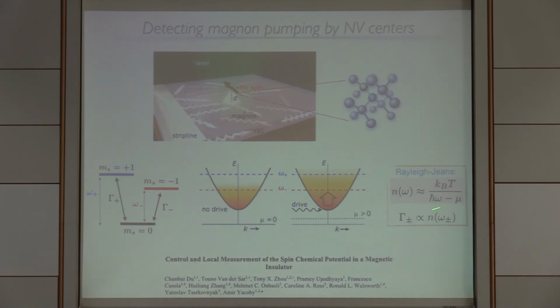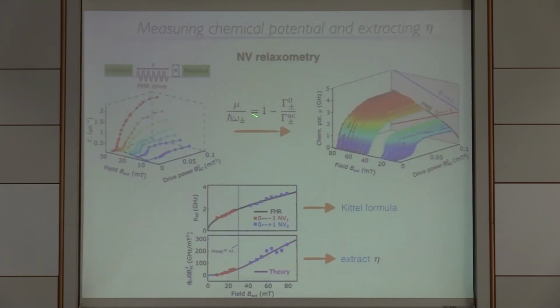So basically, inverting this equation and having this experimentally measured in equilibrium without drive and with drive of coherent dynamics at the FMR frequency, we can extract the chemical potential in terms of the ratio between the NV center relaxation rates without the drive and with AC drive.